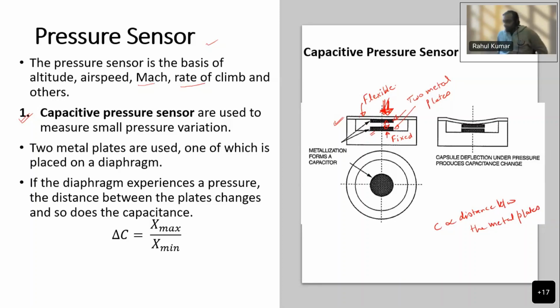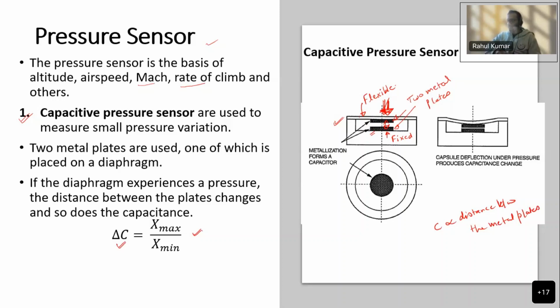So if the distance between the two plates changes, then your capacitance value will also change. Now this change in capacitance can be calculated by this equation here.